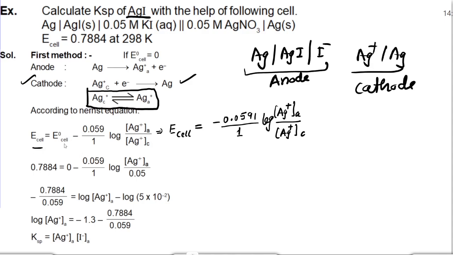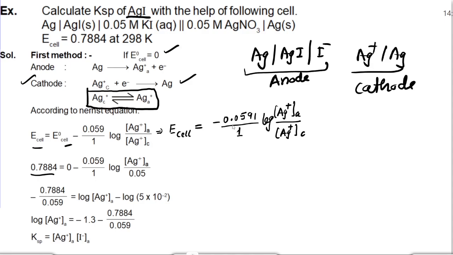So E cell is E naught cell minus 0.0591 upon n log of product over reactant. E cell is given to us. E naught cell is 0 if it is taken as a concentration cell. Whether we take E naught cell as 0 or not equal to 0, in both cases results are the same. There is no difference.